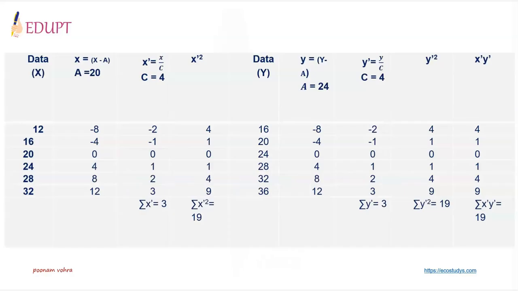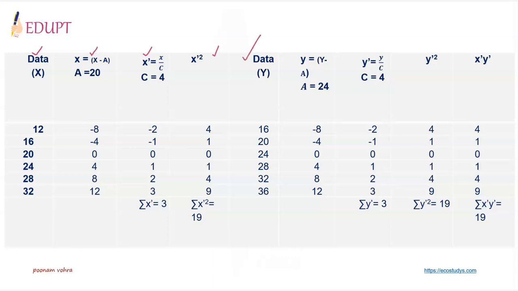To find out coefficient of correlation by step deviation method, the first thing we need to do is to draw a table with 9 columns. Column 1 is about the values of the variable x. Column 2 is finding deviations. Column 3 is finding deviation dash. Column 4 is having the square of deviations.